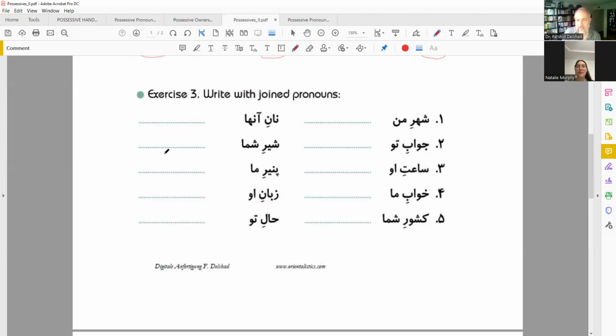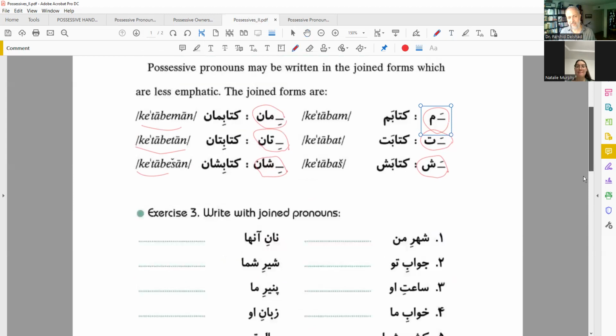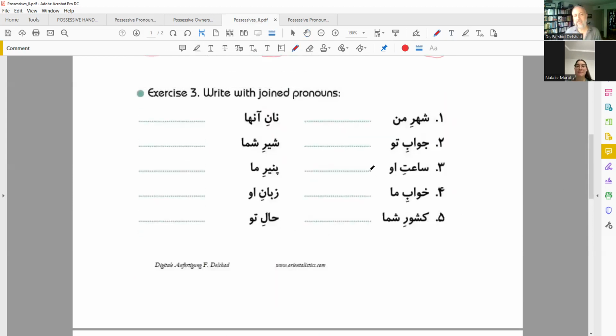The exercise asks for creating the enclitic, or as the writer calls them, joint forms or joint pronouns, which are two designations for the same phenomenon.